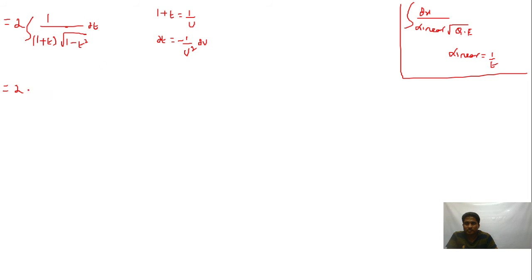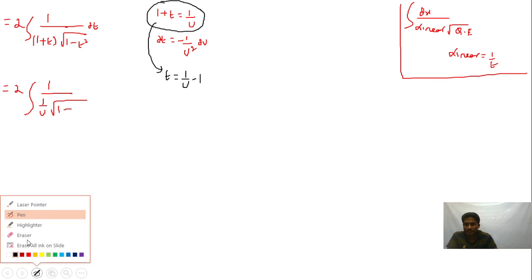So this becomes 2 times integration of 1 upon linear, which is 1 by u, root of 1 minus... what's the value of t from this? From this, the value of t will be equal to 1 by u minus 1.